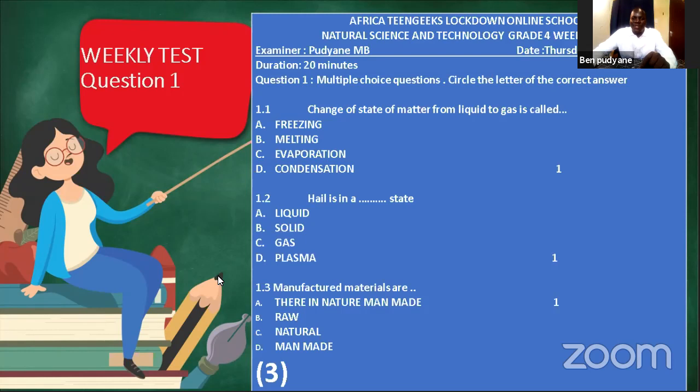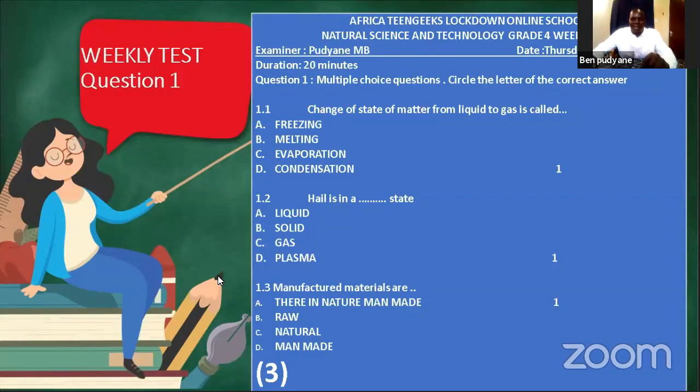Hail is in what state? Hail is in a liquid, solid, gas, or plasma state. Bophelo, do you want to give an answer? Okay, let me go to the next one.